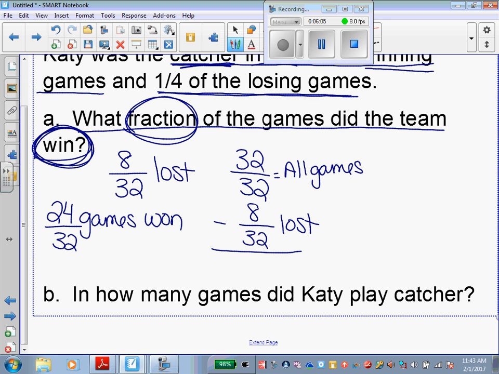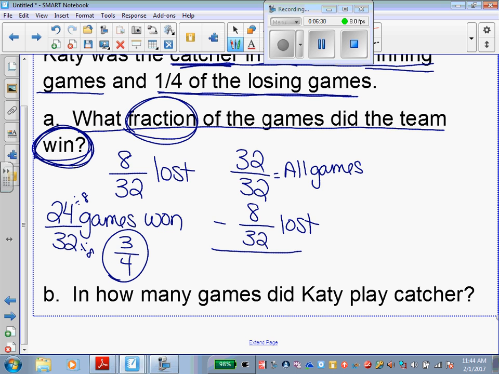Kisa? 8. 8 can go into 24. 32 can also be divided by 8. And so 24 divided by 8 is what? 3. And 32 divided by 8 is 4. So simplified, we have 3/4 of the games that were won.